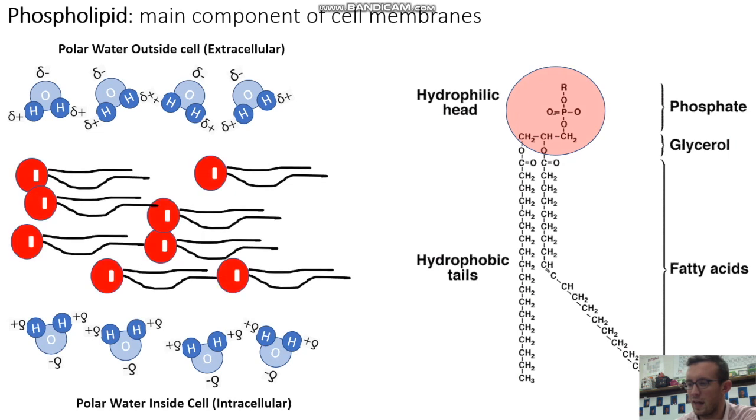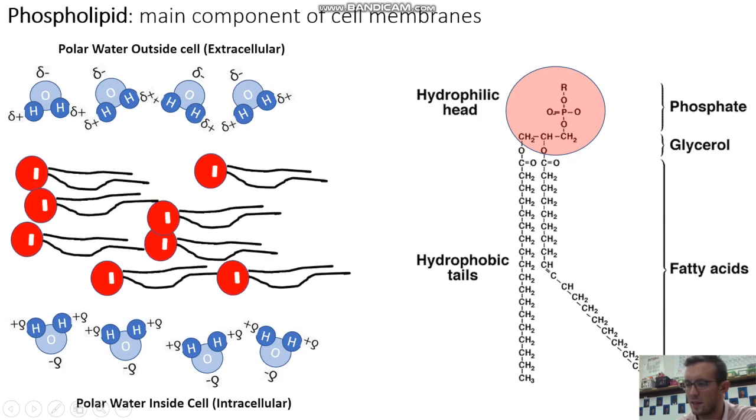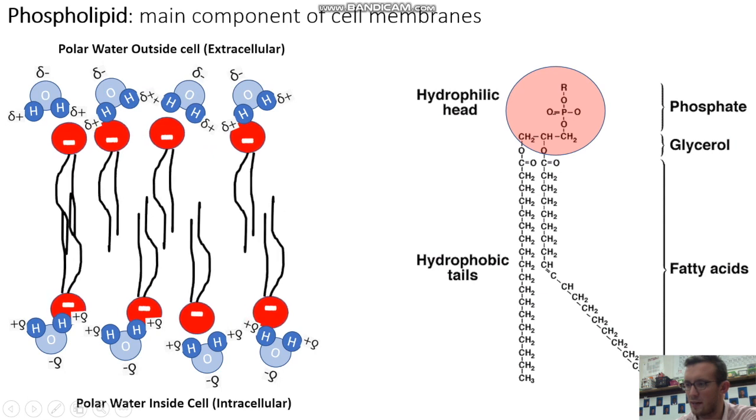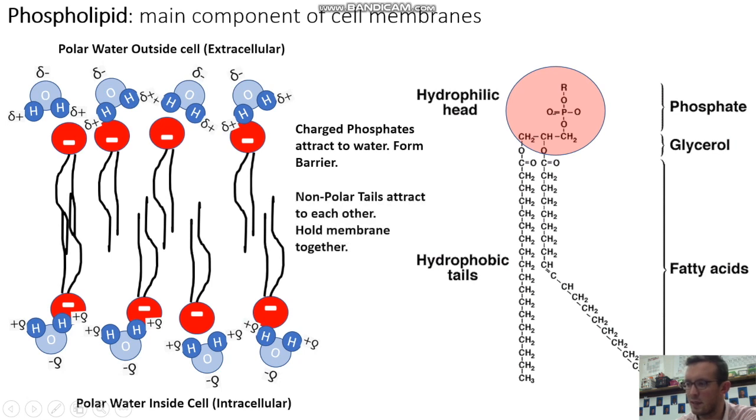If you were to take phospholipids and expose them to this aqueous environment, you'd see that the ionic charged phosphate heads would attract to the polar water molecules and form a barrier on two sides, both on the outside of the cell and the inside of the cell. The nonpolar fatty acid tails, meanwhile, attract to each other and hold the membrane together.